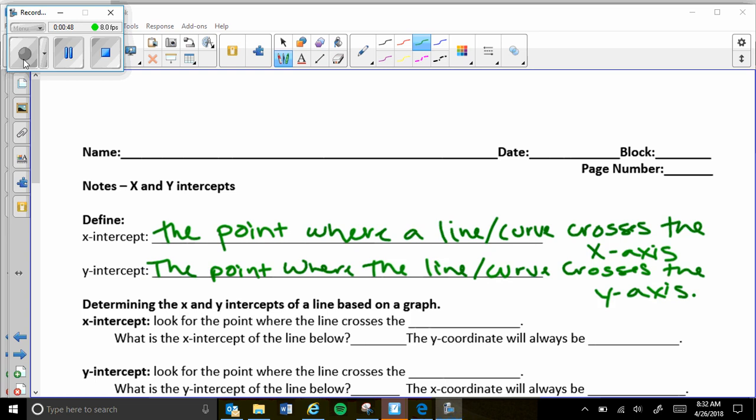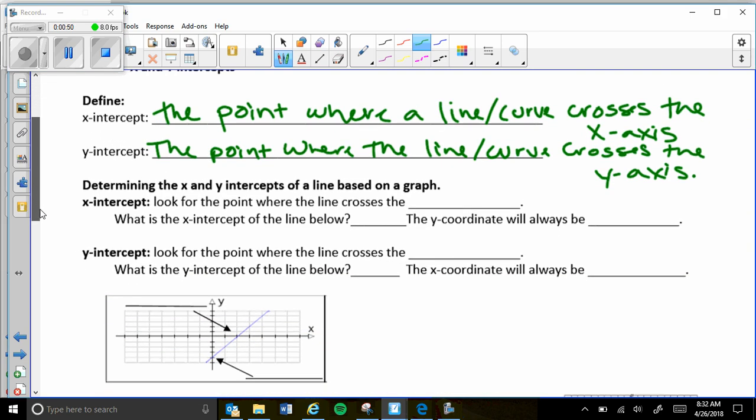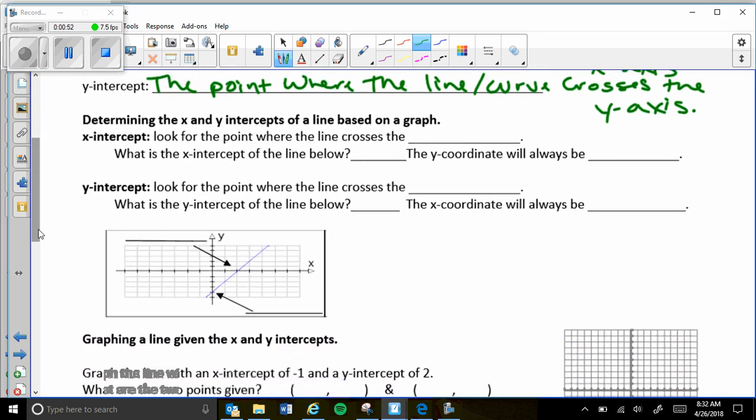So in order to determine the x and y intercepts of a line based on a graph, for the x-intercept we look for where the line crosses the x-axis, like we just talked about. So look, it says, what is the x-intercept of the line below? So where does our line cross the x-axis?